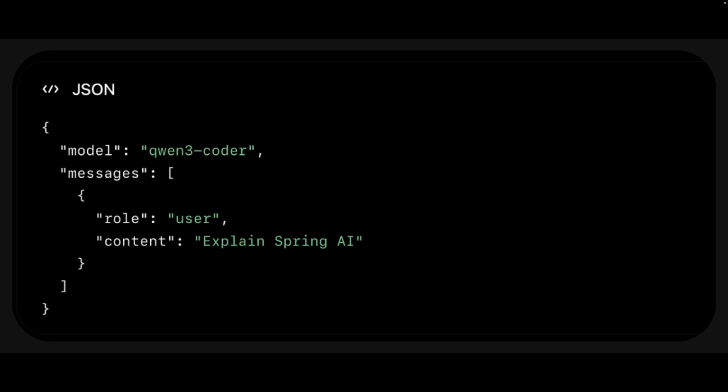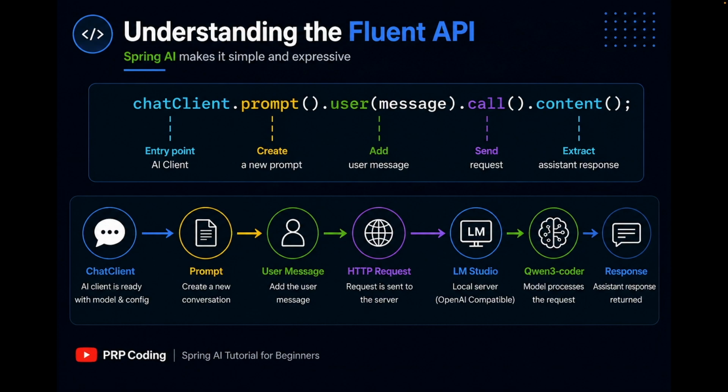LM Studio receives the request. The model predicts one token at a time until it completes the answer. LM Studio wraps the generated text into JSON and sends it back. The response from LM Studio is not just a string. It contains a lot more information like chat response, assistant message, token usage, model name, finish reason, metadata, and so on.